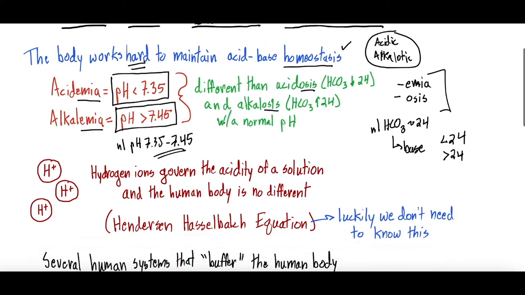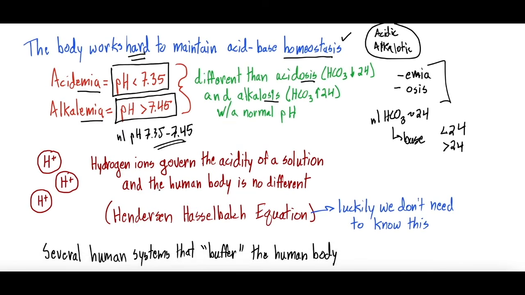So what is acidosis, acidemia, alkalosis, alkalemia? What happens? Well, as many of you may remember from chemistry, hydrogen ions govern the acidity of a solution. The human body is no different, right? Whether there are too many hydrogen ions, meaning it's an acidic solution, or too few of them, meaning it's a basic solution, the human body's the same.